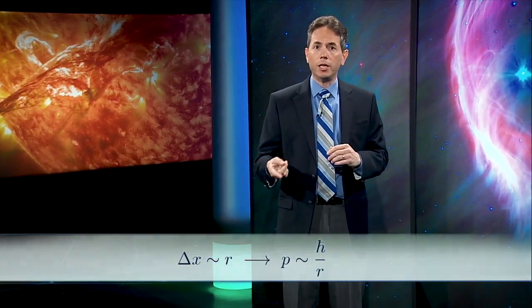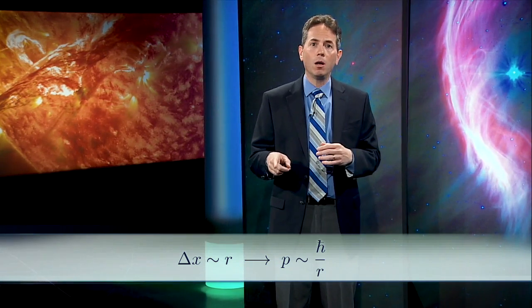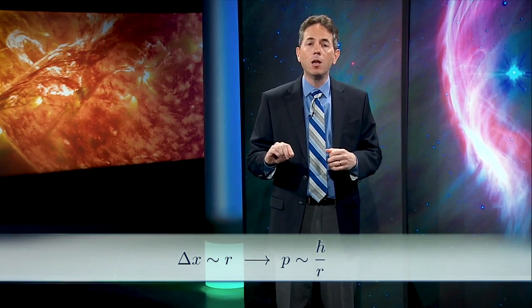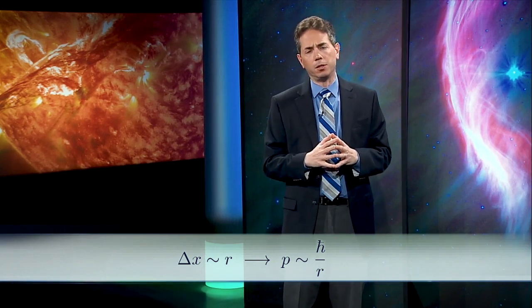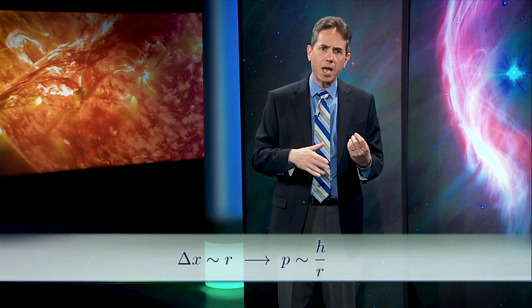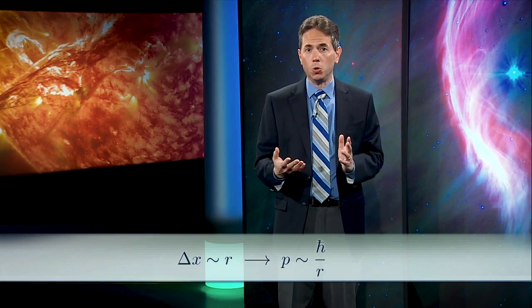Let's work it out. For p, we'll insert the minimum possible value of h bar over r. Now, officially, it should be 1/2 h bar over r, but this is just an order of magnitude calculation. We haven't been precise enough about the meaning of delta x and delta p to justify worrying about factors of 2.